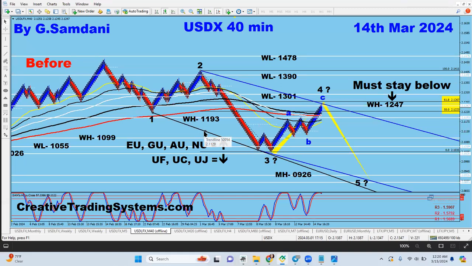If I take this parallel line and place it on top of wave 2, then we will see what the old channel actually was. So you see, the old channel was here, so we broke outside a little bit, went to 1247, and if we can get inside again, then it will be confirmed that it is going for wave 5.